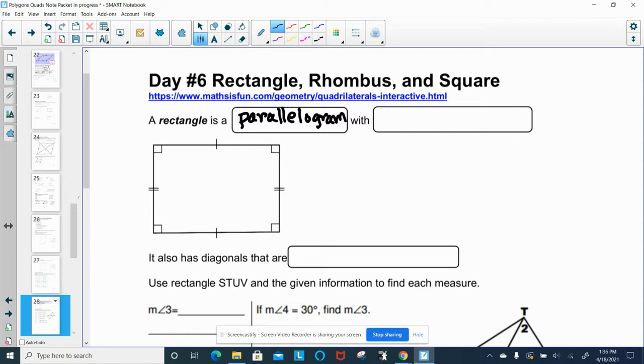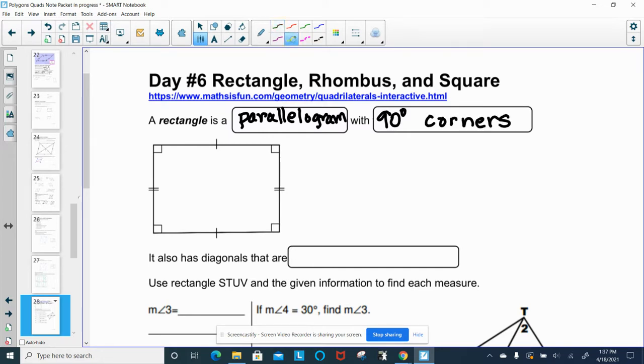But the rectangle, we call it kind of special because it has properties that the other quadrilaterals do not all have. Some of them do, some of them don't. And one of the things that the rectangle is known for is having 90 degrees in the corners.